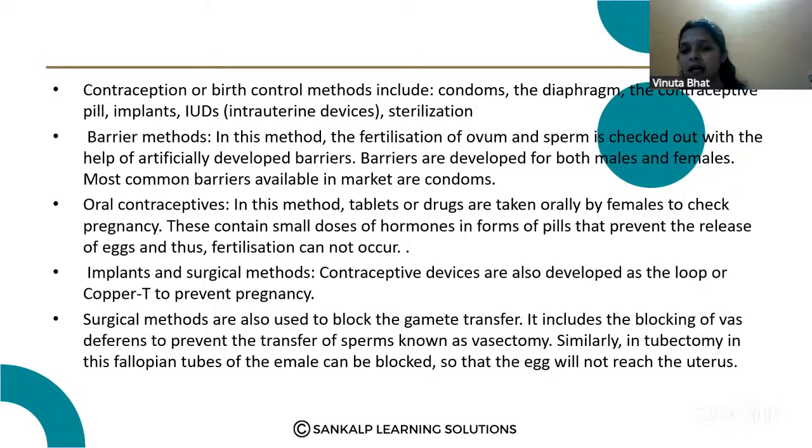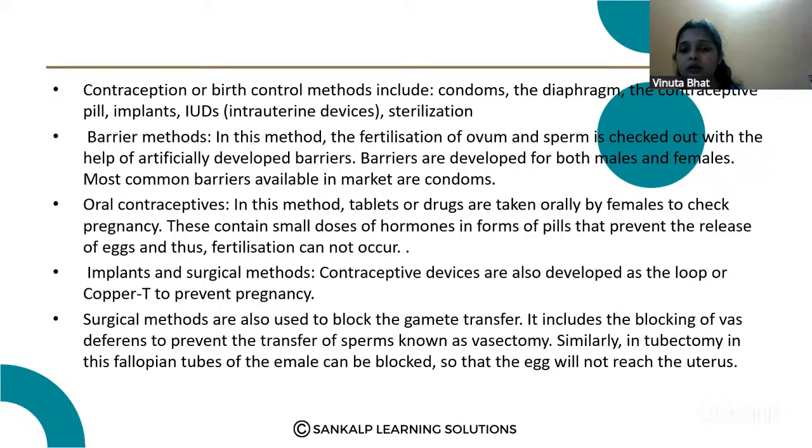So these all are contraception or birth control methods. Some methods are used as a barrier so that the transfer of the male and female gametes will not take place, that is nothing but the most common barrier, the condoms.